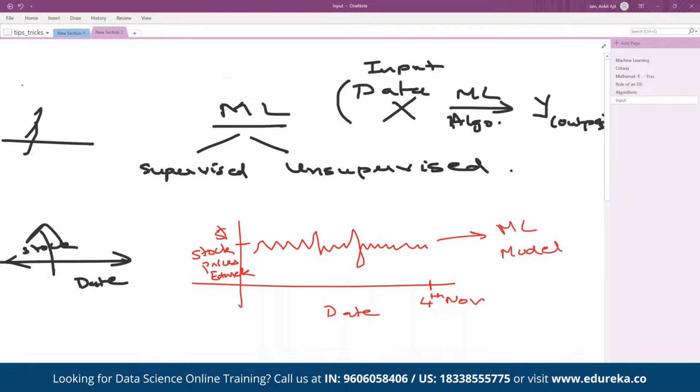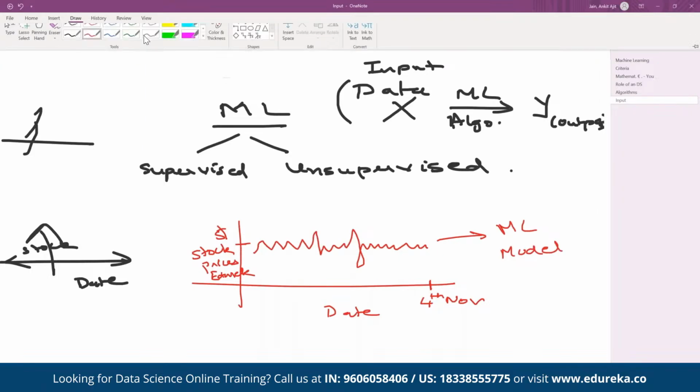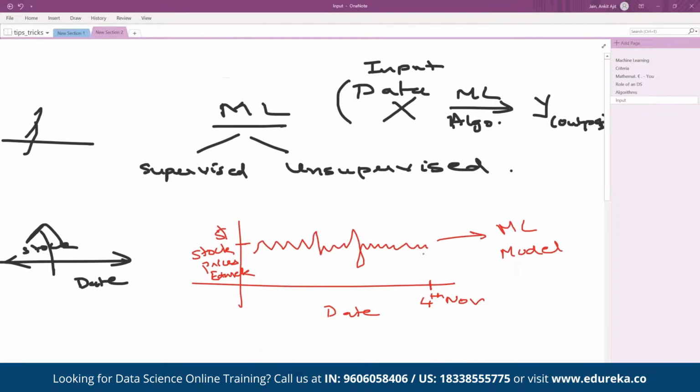It can now be used to predict for the next day, that is 5th of November, 6th of November. How many of you understand that if a machine learning model has been trained on historical data and can predict the prices for tomorrow, can you imagine how much money we can make out of the share market?